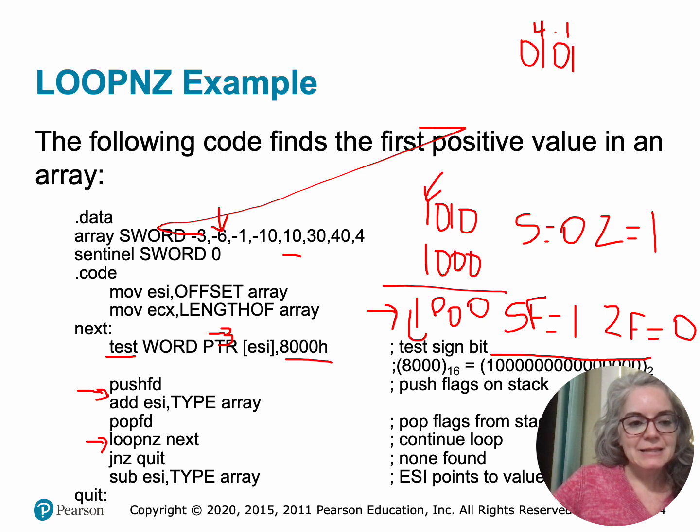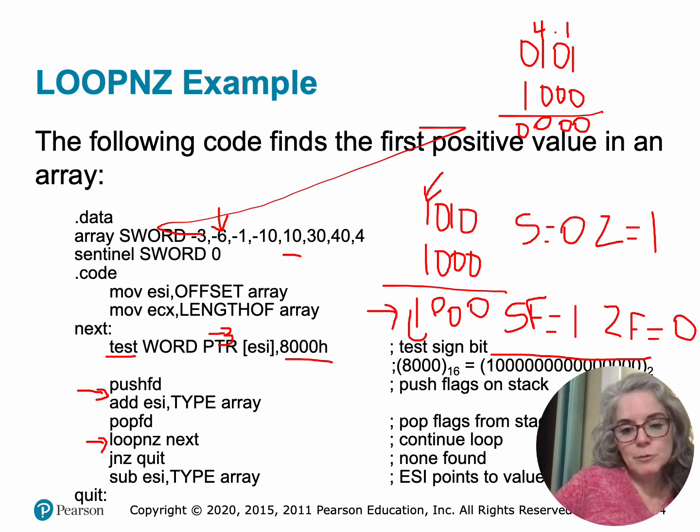If I AND that with 1, 0, 0, 0: 1 and 0 is 0, 0 and 0 is 0, 1 and 0 is 0, 0 and 1 is 0. So my result is all zeros. And because it's all zeros, the 0 flag gets set to a 1.